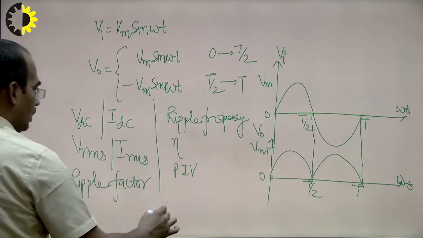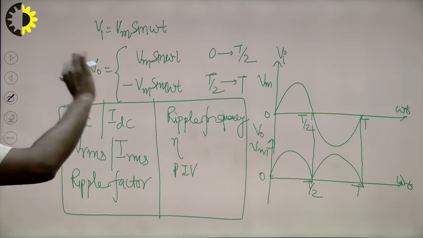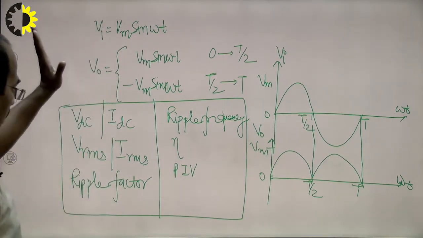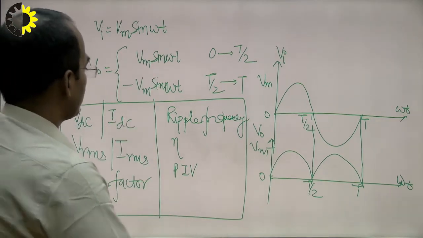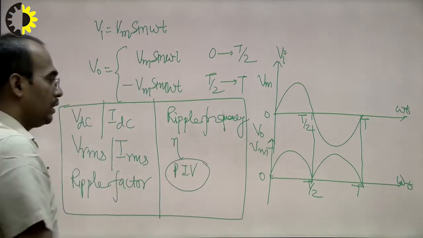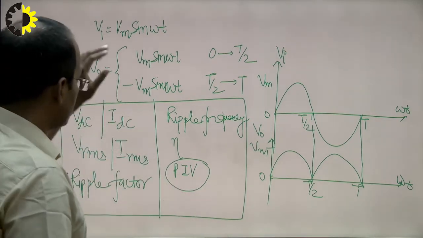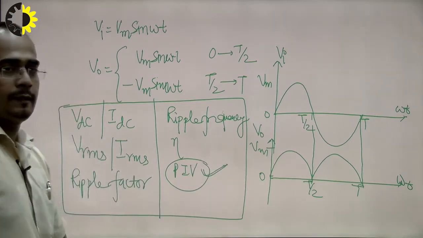Before finding all these parameters, I would like to discuss the full wave bridge rectifier, because all these parameters for the full wave bridge rectifier will be the same except the peak inverse voltage. So after discussing the full wave bridge rectifier, I will find all these parameters and the peak inverse voltage for both circuits.